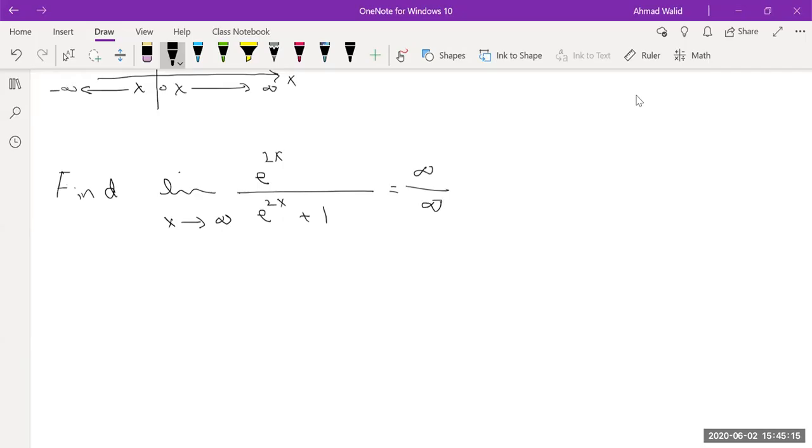And if you remember from your calculus 1 class, when you are dealing with infinity over infinity, you have a rule that you are dividing the numerator and denominator by the highest exponent of the denominator, correct?